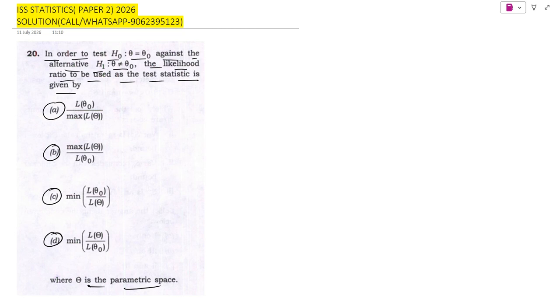Look, before jumping to the options, let us revise one basic concept. Suppose we observe some data, and the likelihood function tells us how likely this observed sample is for different values of the parameter theta. So it is not the probability of theta. Instead, data are fixed, parameter varies.